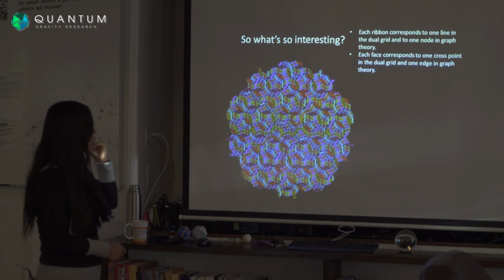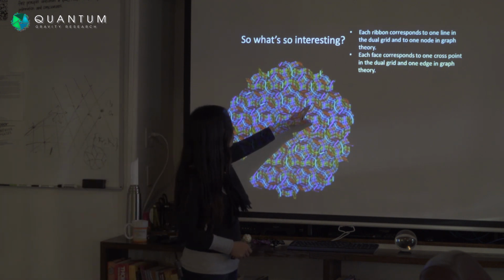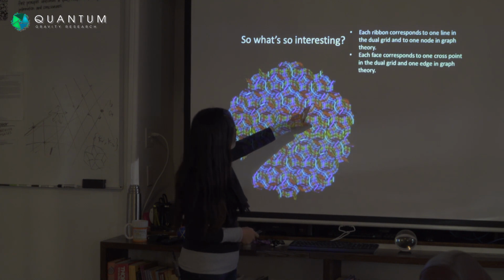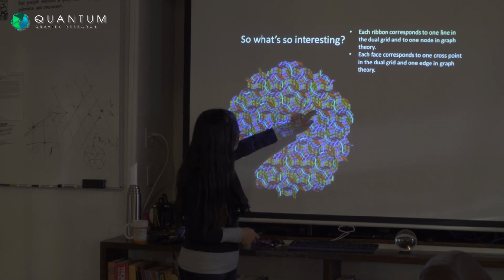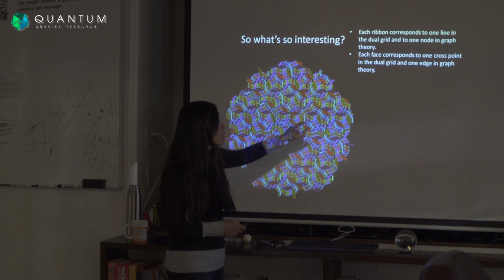Then each phase corresponds to one cross point of the ribbons, or of the grid, and one edge in graph theory. If the purple is a node and the blue is a node, then where they intersect here, it's an edge connection between the two nodes.